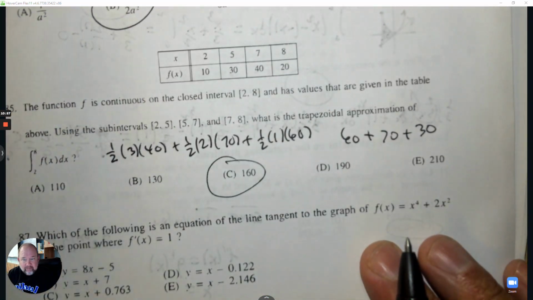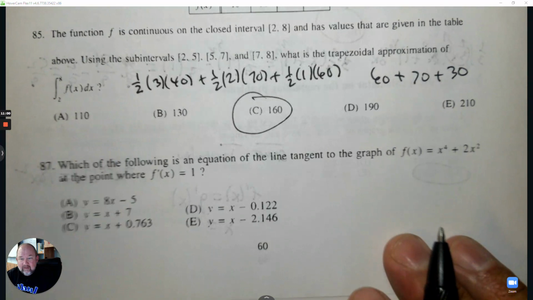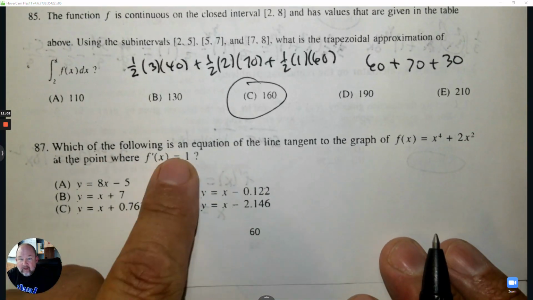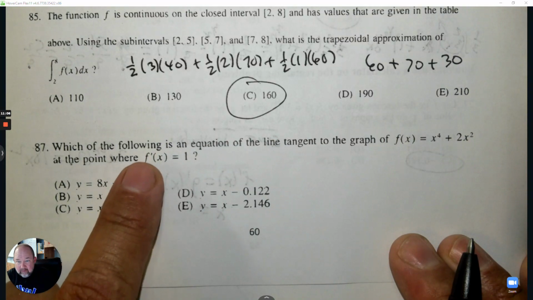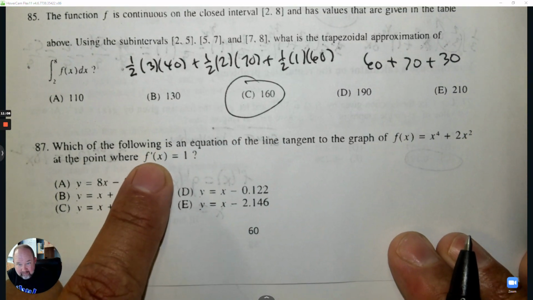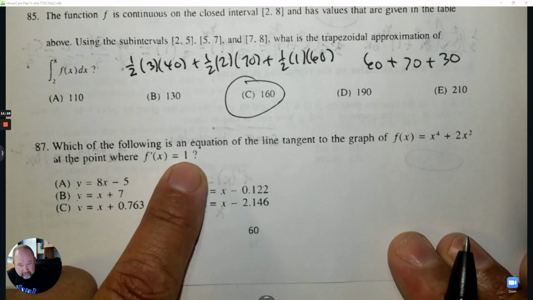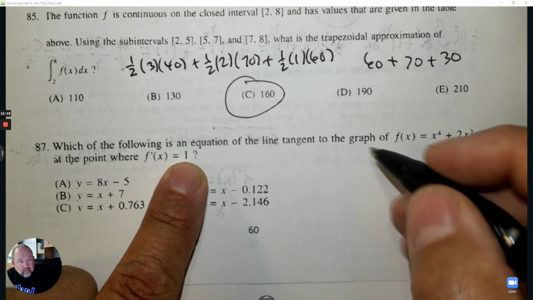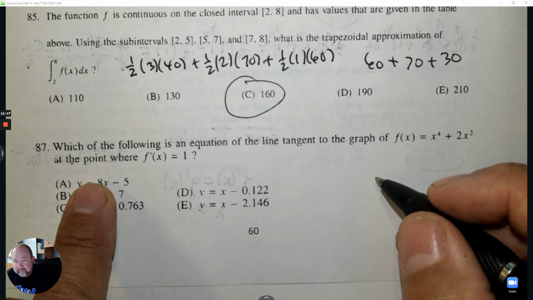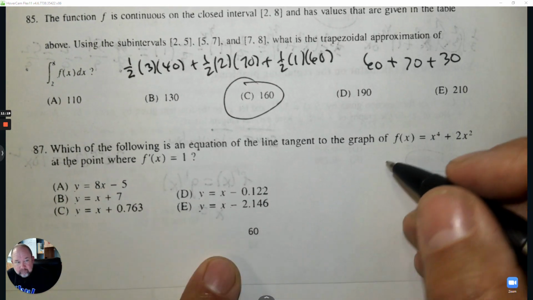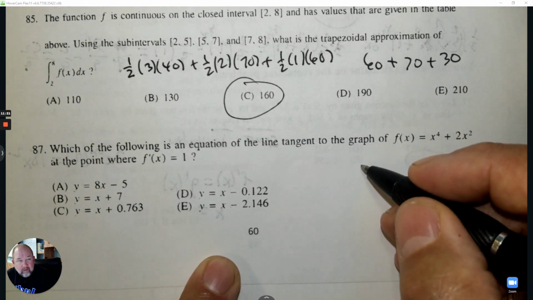You're trying it first, right? Which of the following is an equation of the line tangent to this where the derivative of x is equal to 1? So let's do this.